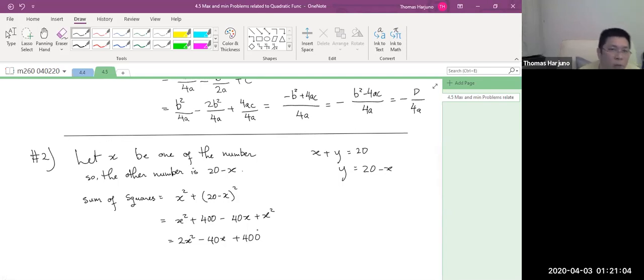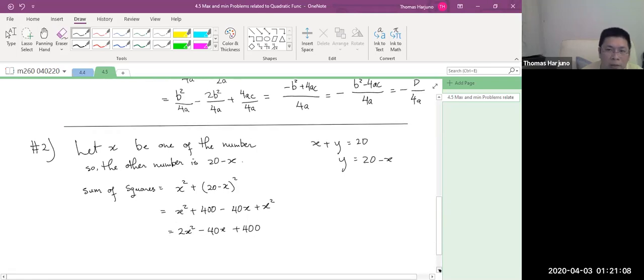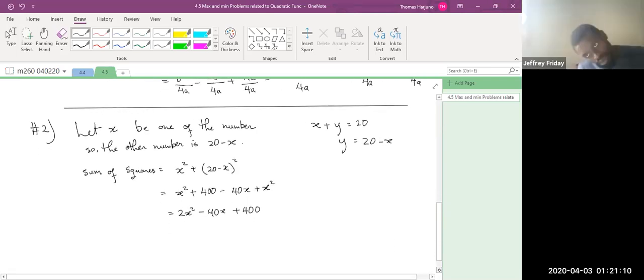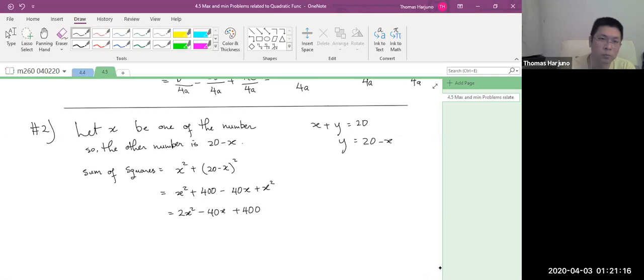Notice that this sum of squares now forms a new function of x that gives us the sum of squares. At the same time, notice that this function is a quadratic function. Now, if you imagine the parabola, does it open up or down? Up. It opens up.